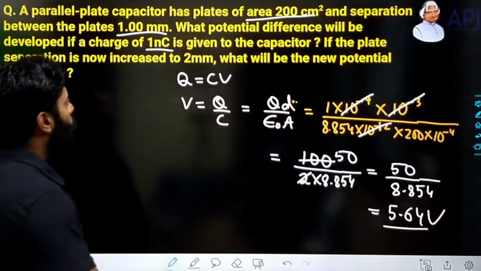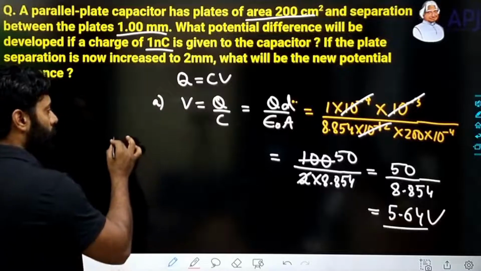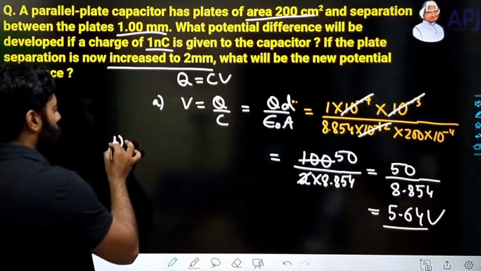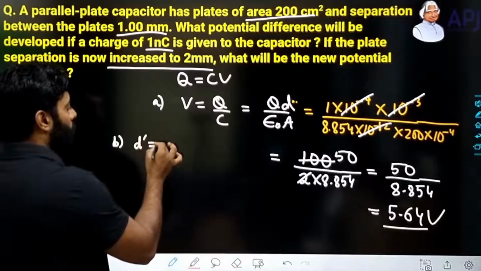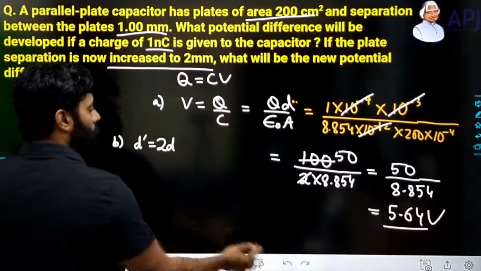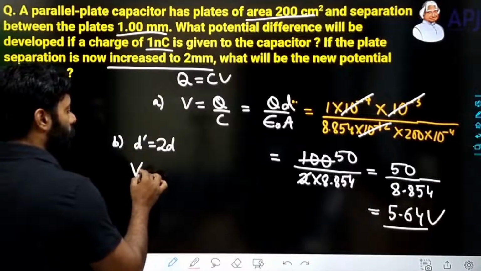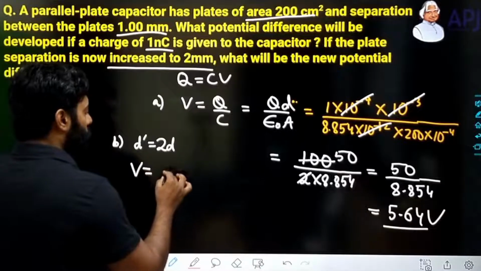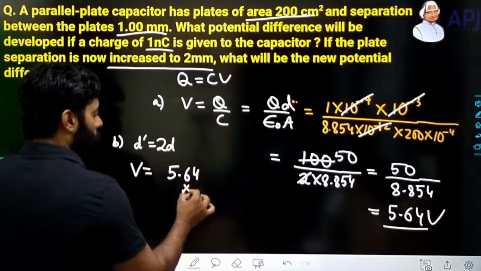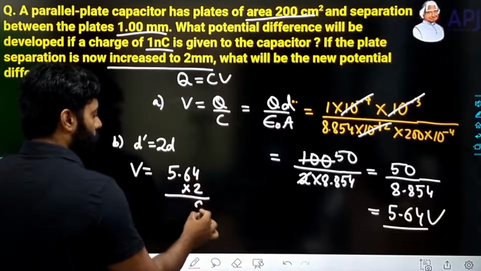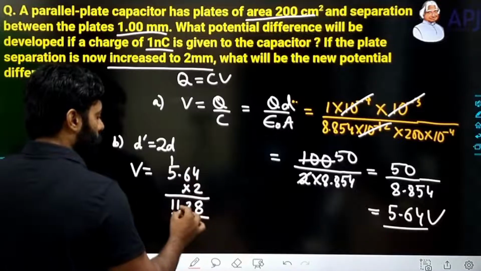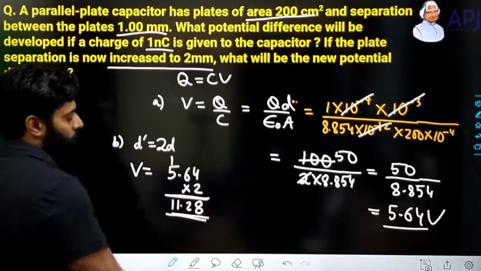This is the first question, and when you increase the distance, then the potential is equal to 11.28.